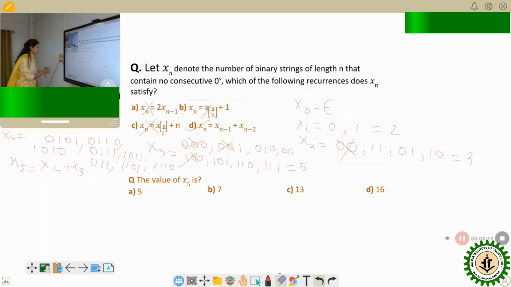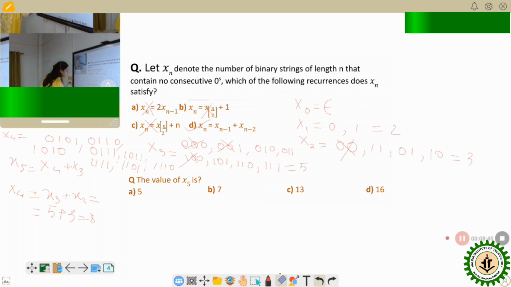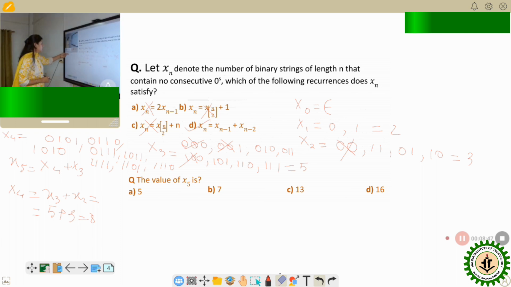Or again, we can use the formula x4 equal to x3 plus x2. So the value of x3 is 5 and x2 is 3. So 5 plus 3, 8. So 1, 2, 3, 4, 5, 6, 7, 8.